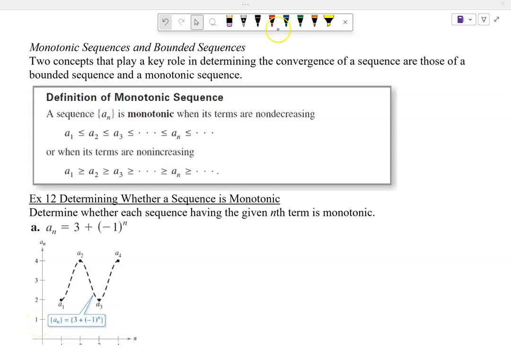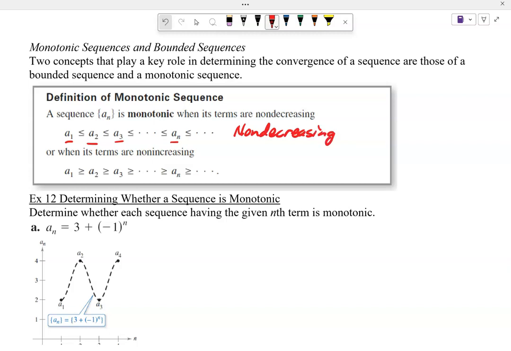Well, two concepts that play a role in determining convergence or divergence are monotonic sequences. And with monotonic sequences, you have two types. Either your terms are, if you ignore the or equal to part, increasing, but we're going to call that non-decreasing, because they could be the same every time.